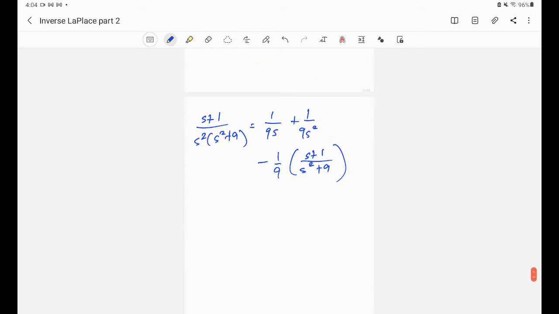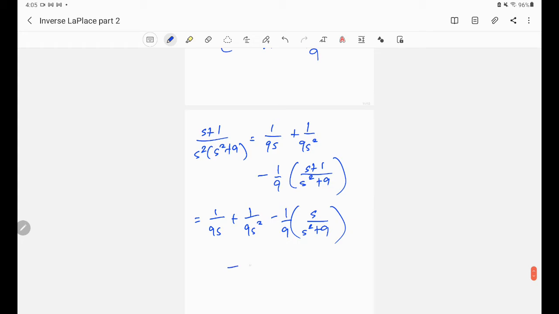You can break this further into this form: 1 over 9s, plus 1 over 9s squared, negative 1 over 9 times s over (s squared plus 9), and negative 1 over 9 times 1 over (s squared plus 9).